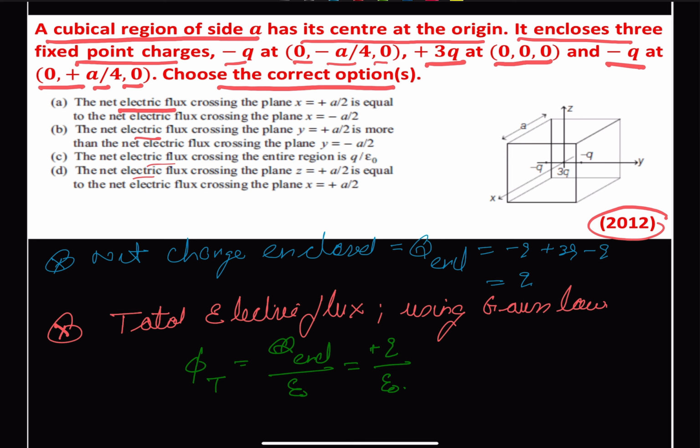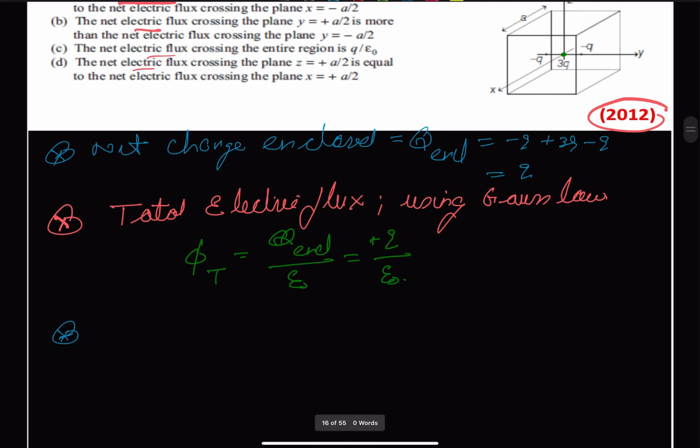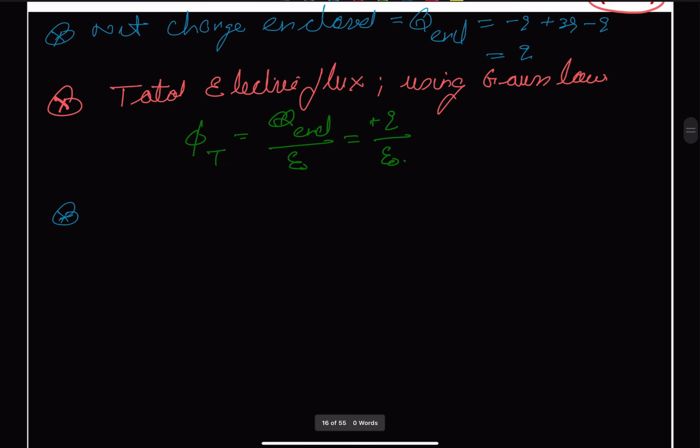Okay, so center is somewhere here, and so we can say this box is symmetric about all the axes. So we can say that this given cubical region is symmetric.